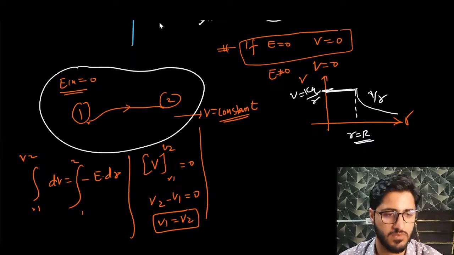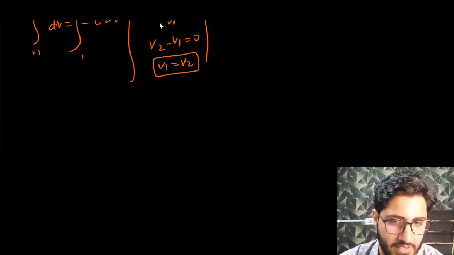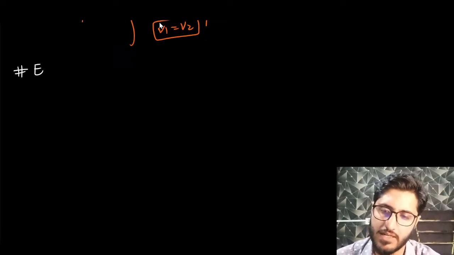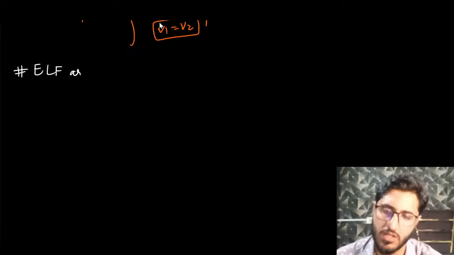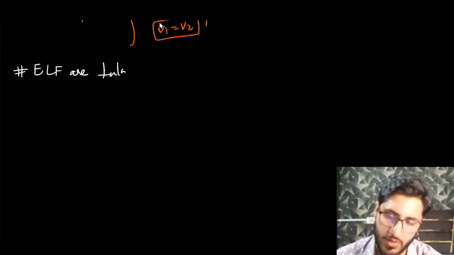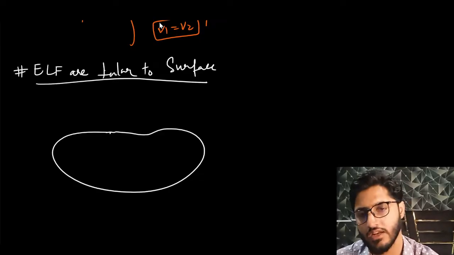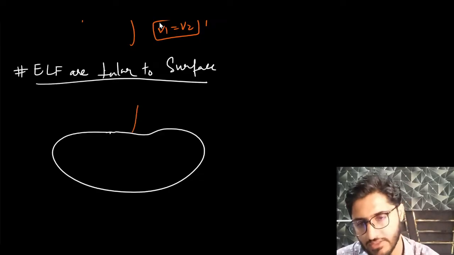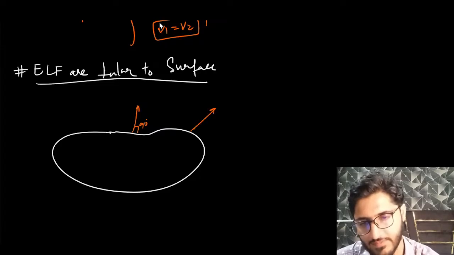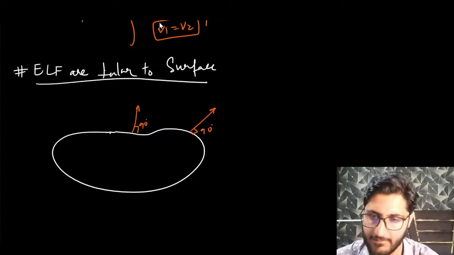Okay, let us do some 2-3 points, then we complete the chapter. One more thing: my electric lines of force are perpendicular to the surface. If we have any surface and you need to draw electric field lines, those lines will be at 90 degrees, every time.